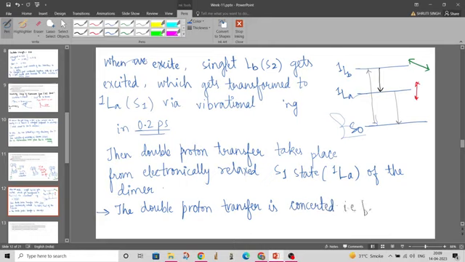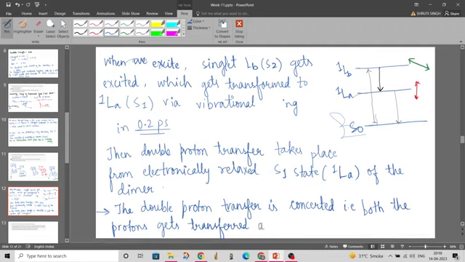That is, both the protons get transferred at once and not one at a time in 1.1 picosecond.